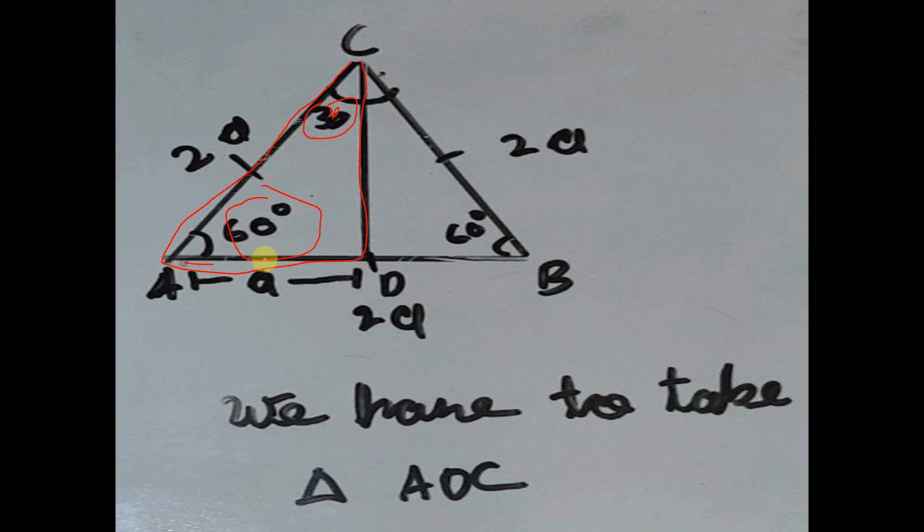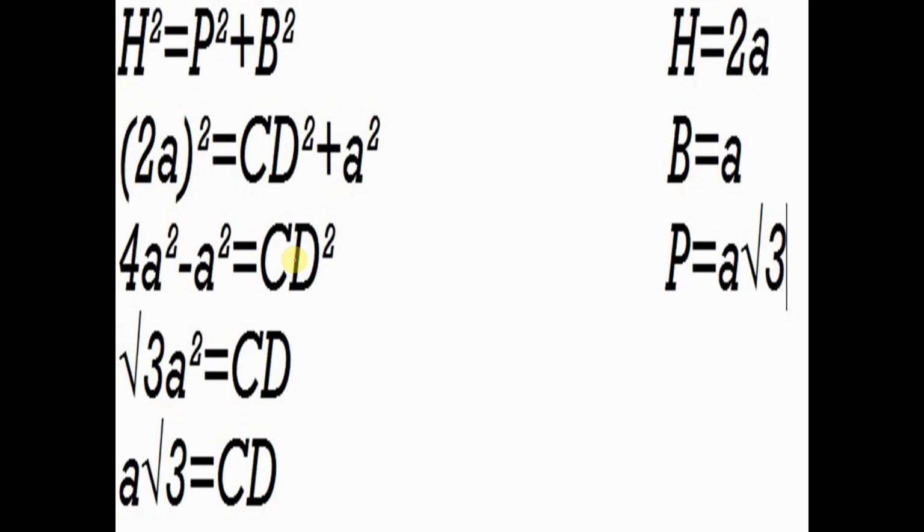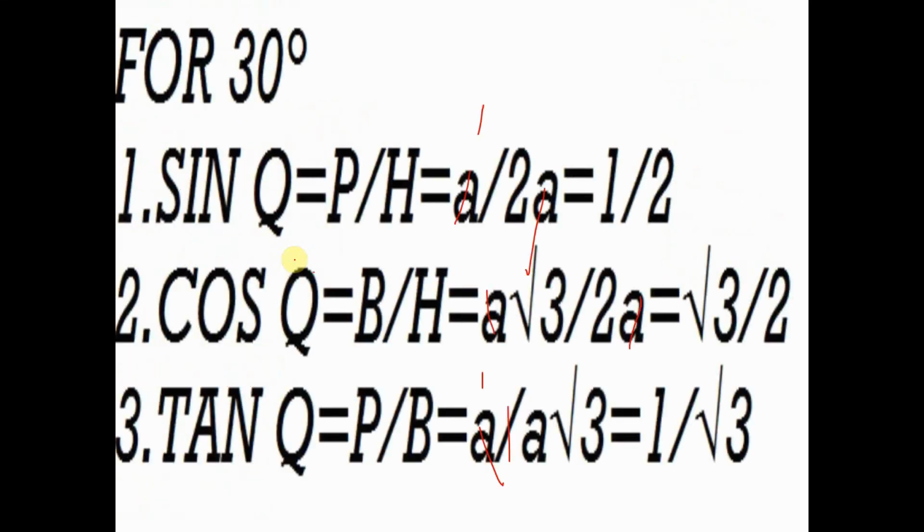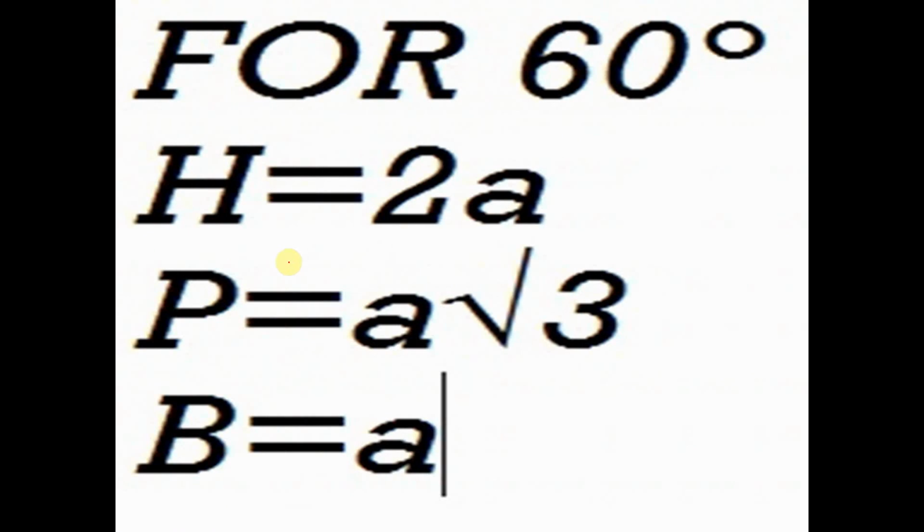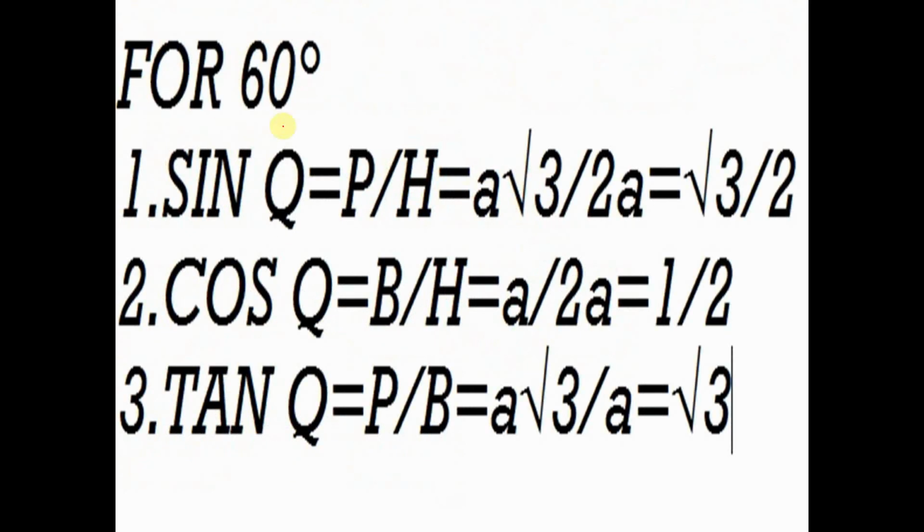For 60 degree, this is base, this is perpendicular, and this is hypotenuse. So we have to take now the real values. For 60 degree, h is equal to 2a, p is equal to a root 3 and b is equal to a.